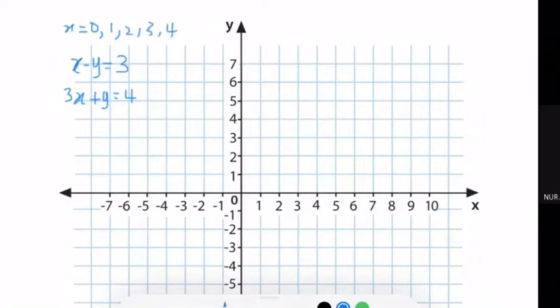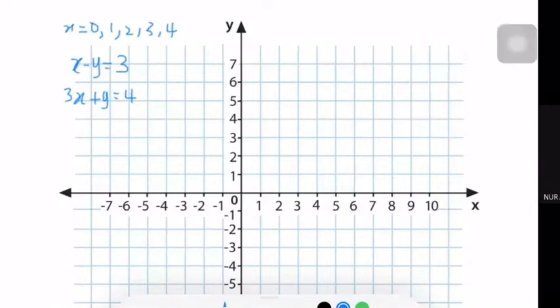Sekarang kamu ada two equations, x minus y equals 3 and also 3x plus y equals 4. Can you please draw these two graphs on the same Cartesian plane? So atas satu plane ni akan ada dua graph.